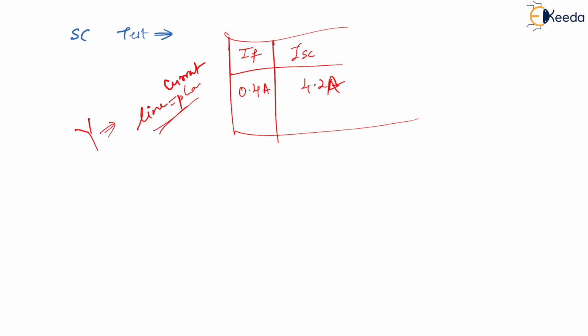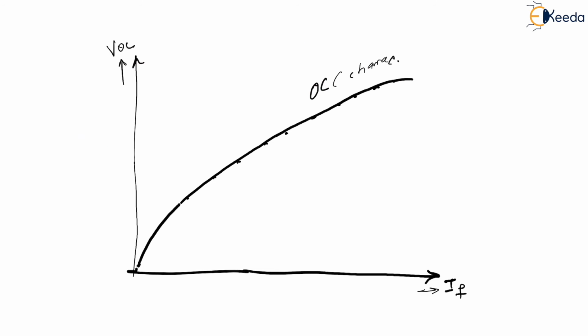In the sense, 0.4 ampere and 4.2. So let me consider that somewhere here you have got this 0.4 amperes, and somewhere here you have got this 4.2 amperes. You'll say, sir, but here we have got VOC characteristics on the top.